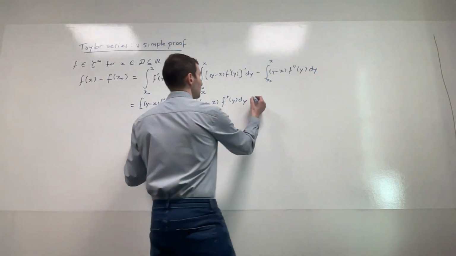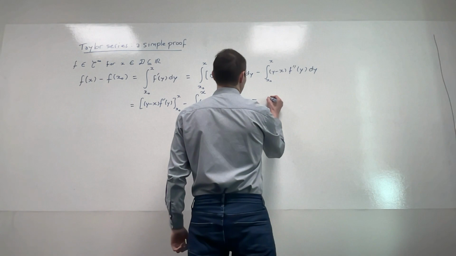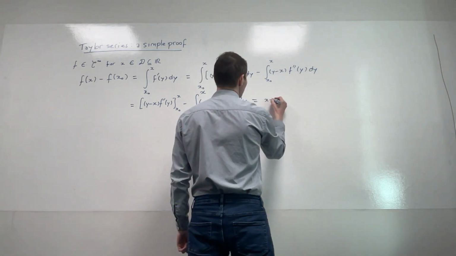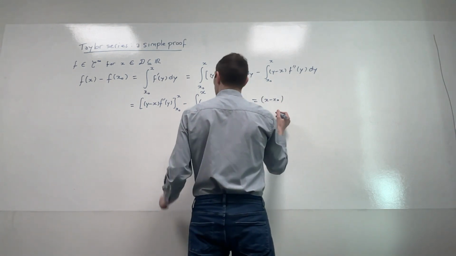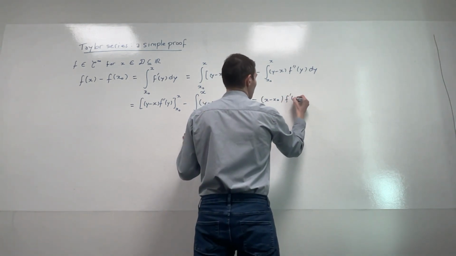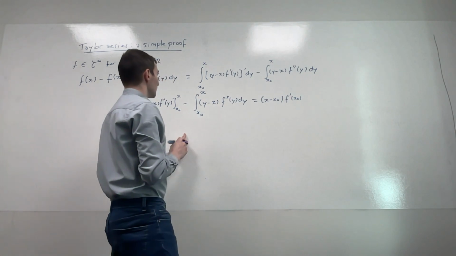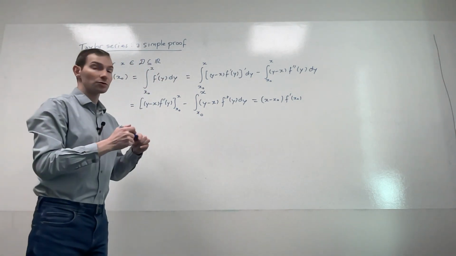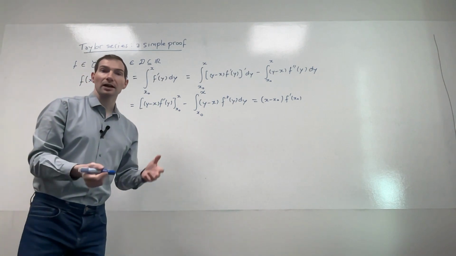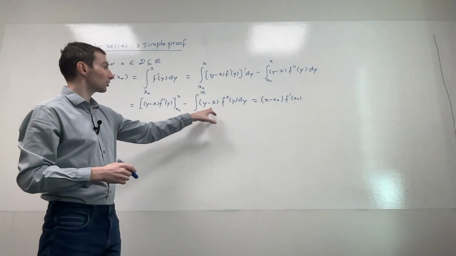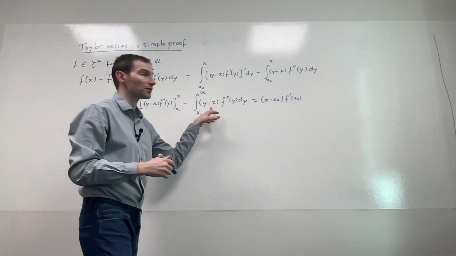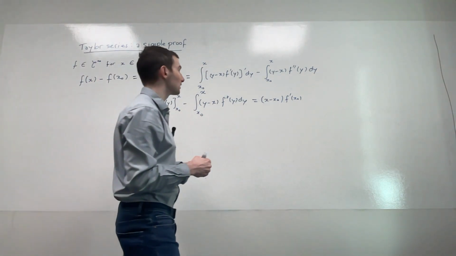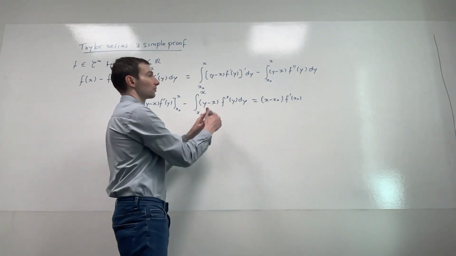So what I'm going to get is basically x naught minus x naught minus x, so I'm going x minus x naught, and then f prime of x naught, and then minus this term. Now this term I want to integrate by parts again, and what I'm going to write is basically continue with my y minus x, and getting the antiderivative of it to write it in a form similar to that.